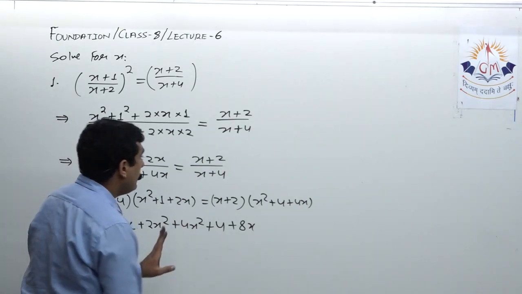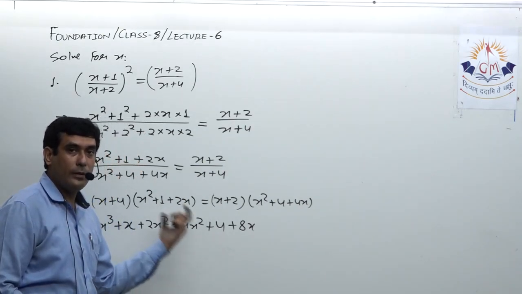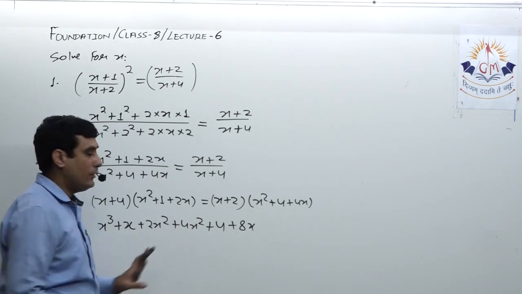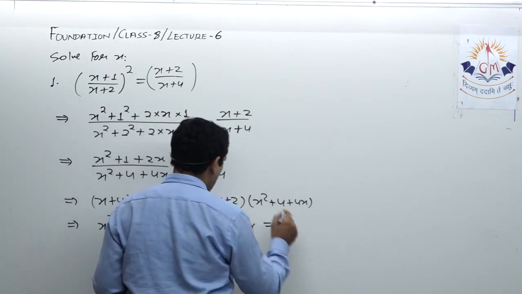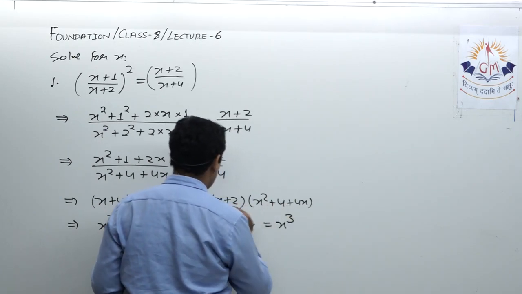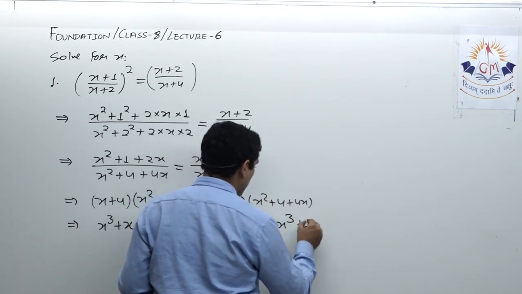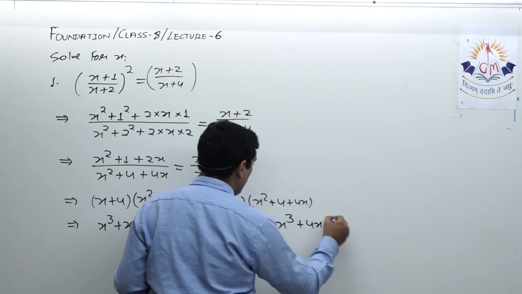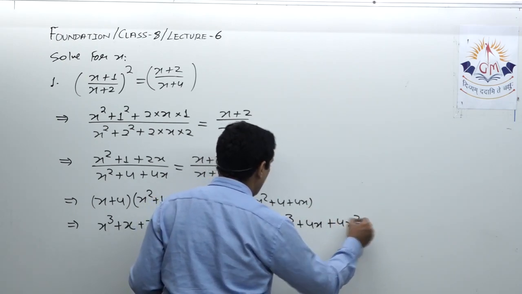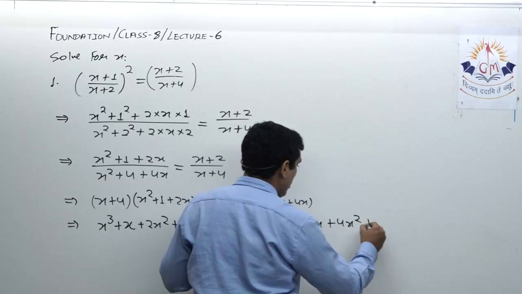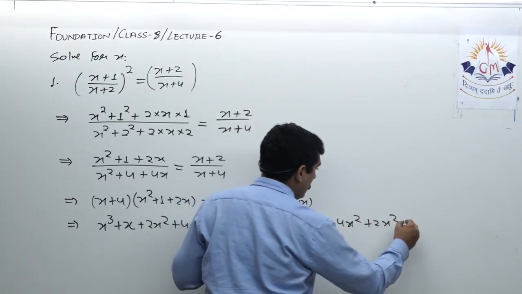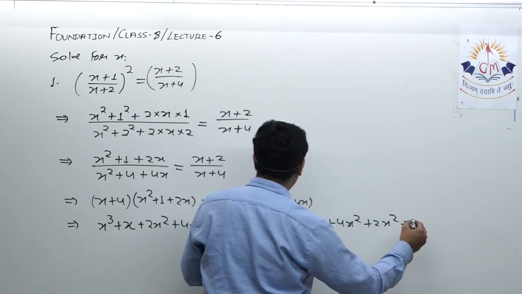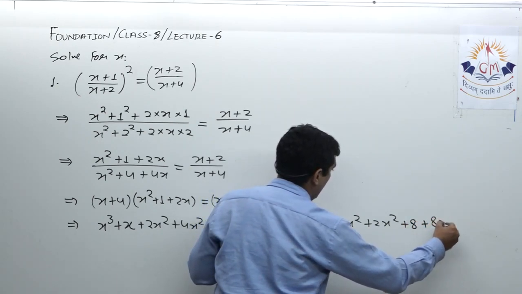So I am considering that you understand how to multiply a binomial with a trinomial. Similarly over here, x into x square, that is x cube, x into 4, that is 4x, then x into 4x, that is 4x square, then 2x square, then 2 into 4, that is 8, and finally 2 into 4x, that is 8x.